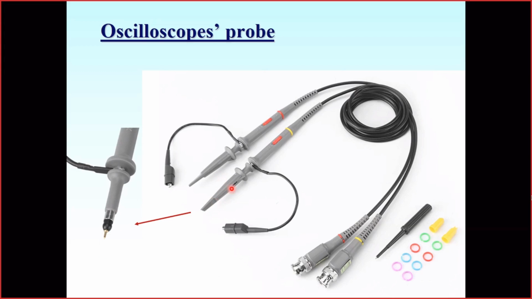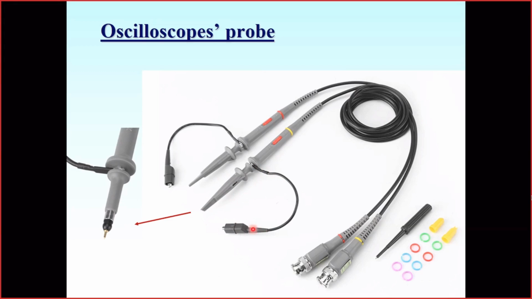The other has a kind of cover put on the tip of the probe, and this cover usually has a hook integrated inside. When you pull this part in this direction, you expose the hook, so you may use this hook to connect to some wire.